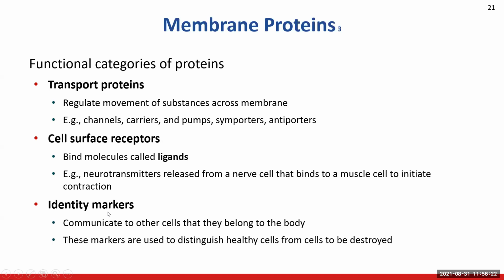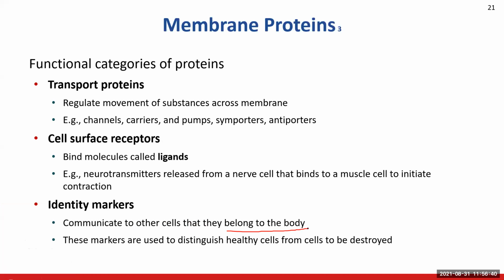Identity markers are important, especially when we're talking about immune system function, because the identity markers tell our body which cells belong to our body.